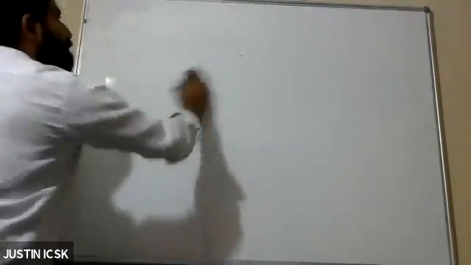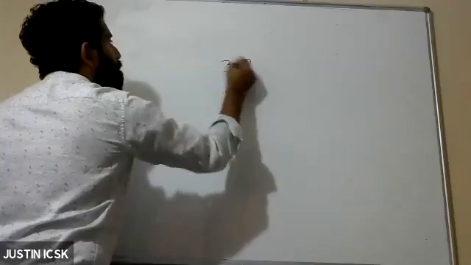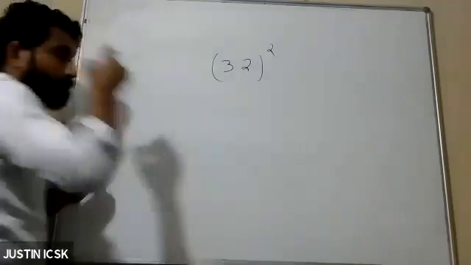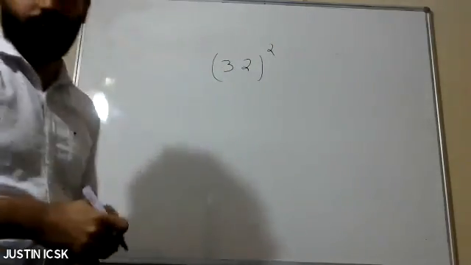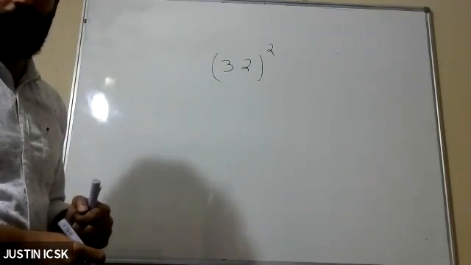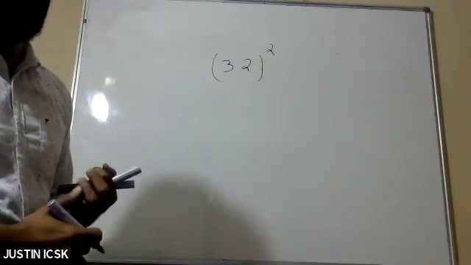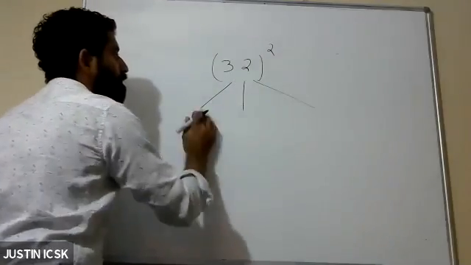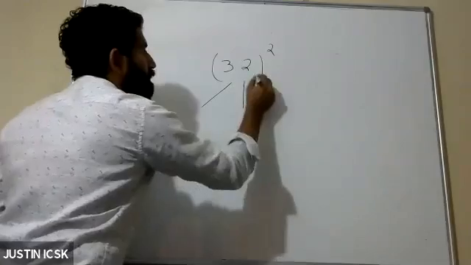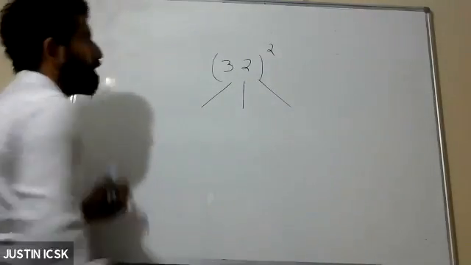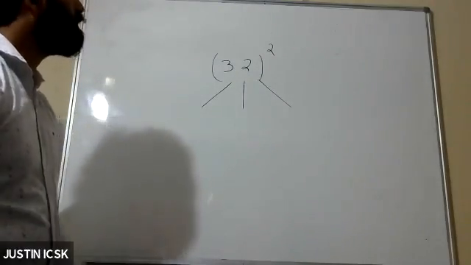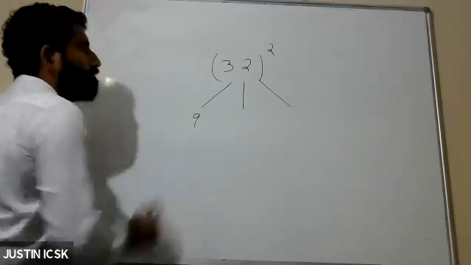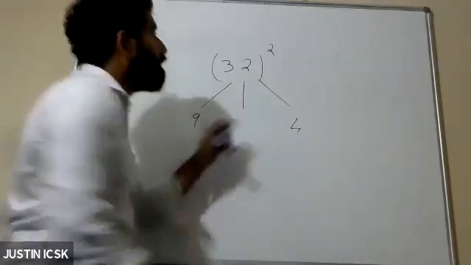I'm just doing 32 square. 3 square is 9, 2 square is 4.